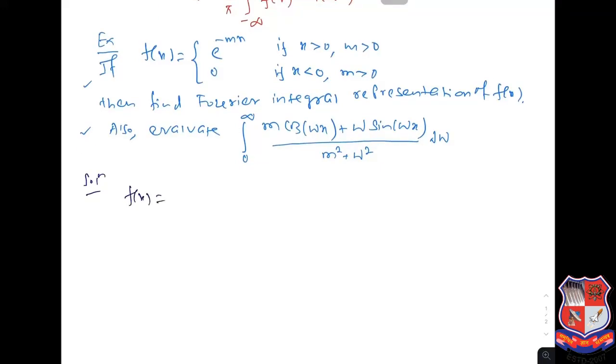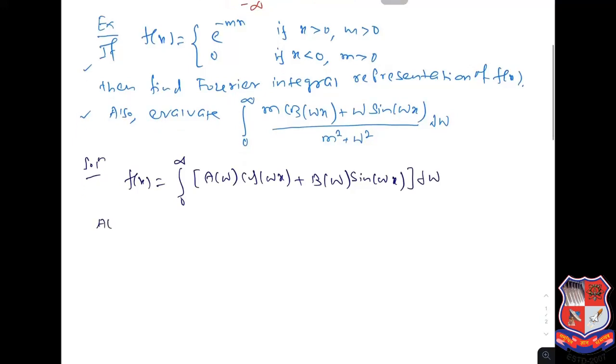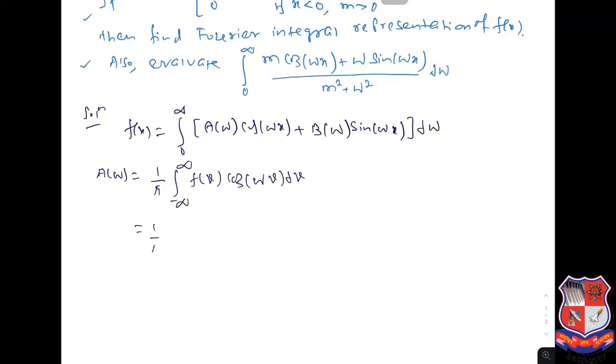So we know the Fourier integral representation is f(x) equal to integration 0 to infinity a(ω) cos ωx plus b(ω) sin ωx dω. Now a(ω) is 1 upon π integration minus infinity to infinity f(v) cos ωv dv, which is equal to 1 upon π.